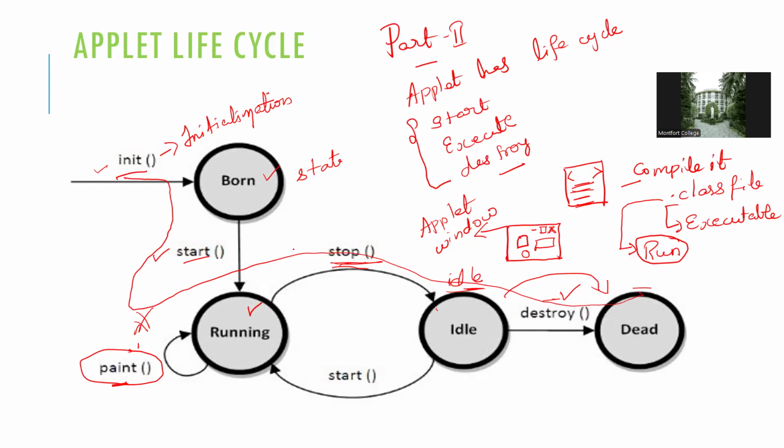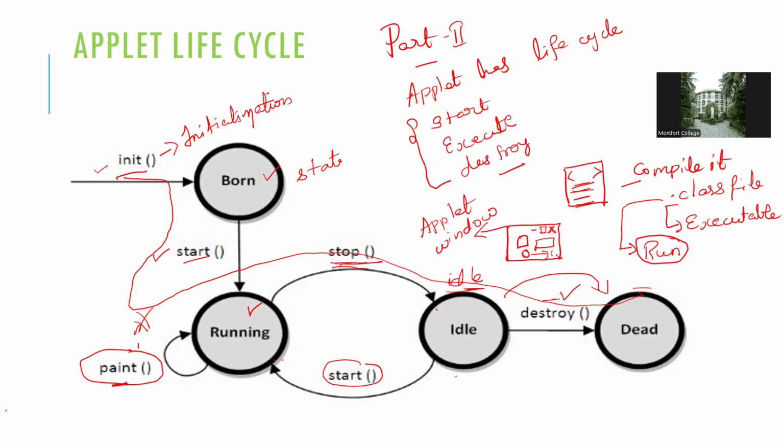In another way, from the running state, the start method is called again from the idle state to the running state. In this situation, you have to understand clearly: the component has already been drawn, and you want to see the output again. Let me take this example. Say this circle should move from left to right.